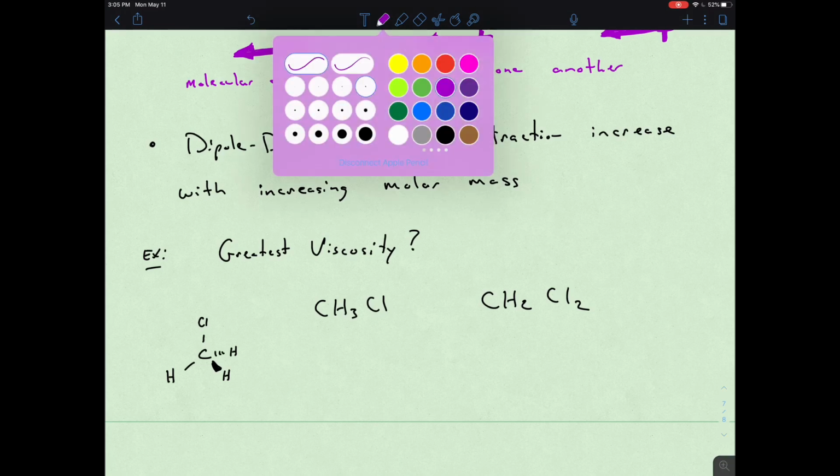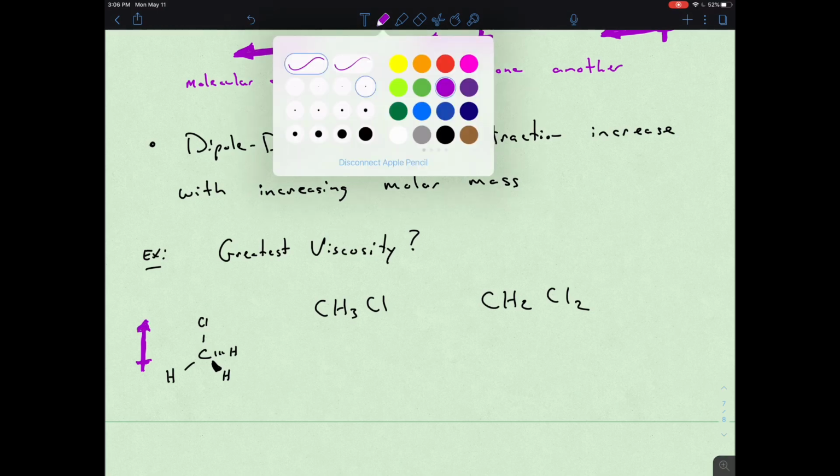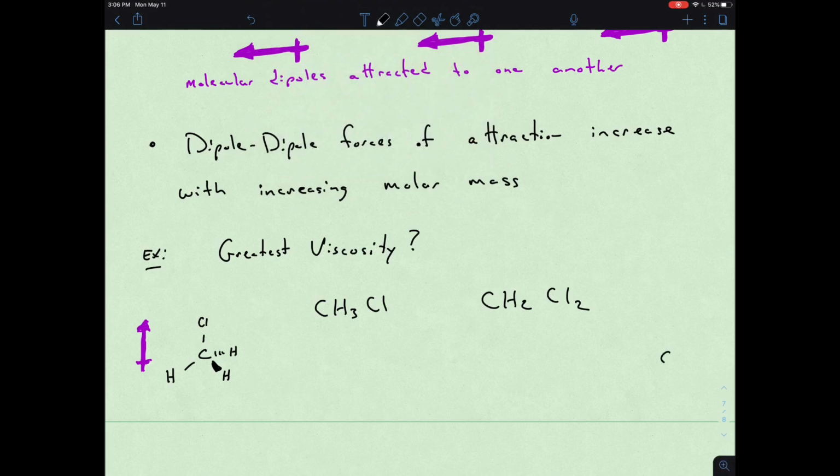We have a molecular dipole here pointing up. And then we have the same thing going on with the dichloro version of our methane here. But we have a much heavier mass. And so here our dipole would be kind of maybe going up like this.